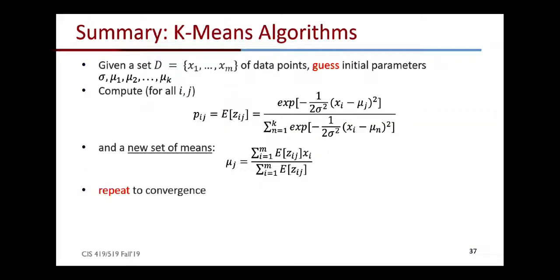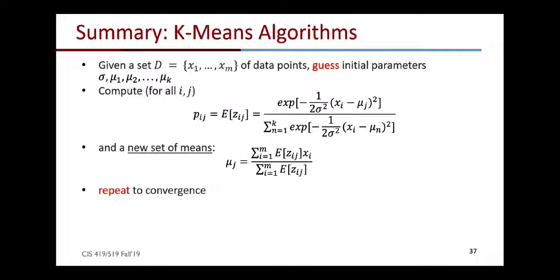Okay, so let me summarize here and then see what we've done. We have n points. We know that they're coming from a mixture of k distributions. We fix sigma. We're not playing with the standard deviation. We just have as our parameters the k means, mu1 up to mu k. The first thing we're doing is guessing for each data point where it is coming from.